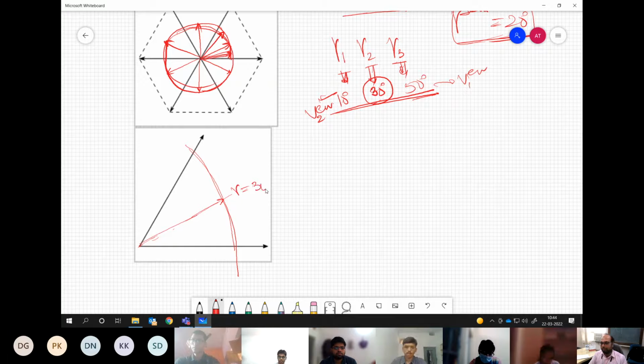This is always there. And we have an odd number of samples. So if one is kept at the middle of the sector, then half of the rest we can keep on this side and the other half on this side. So for P equals 3, one we keep at 10 degrees, say here, and another at 50 degrees, say here.